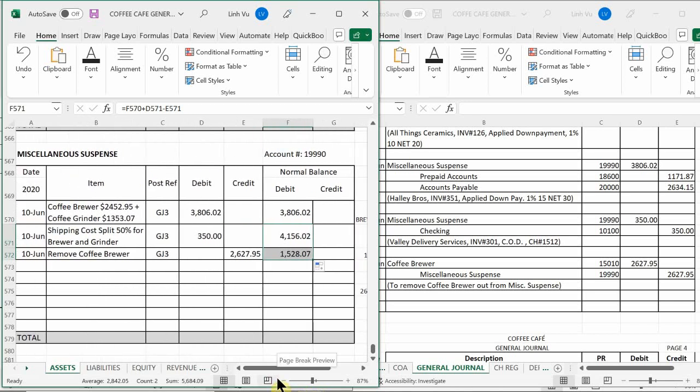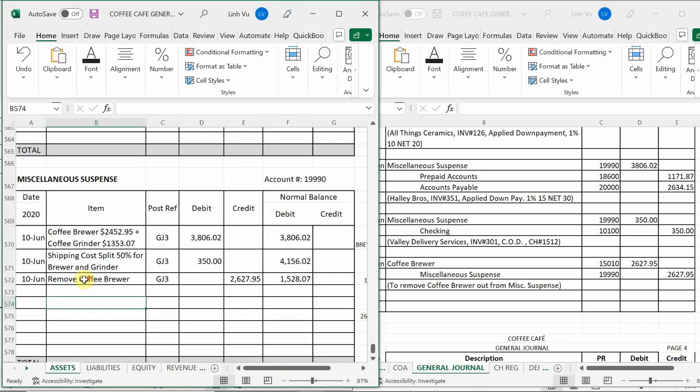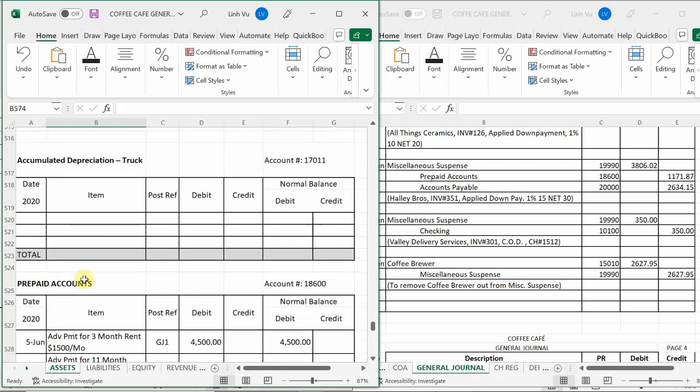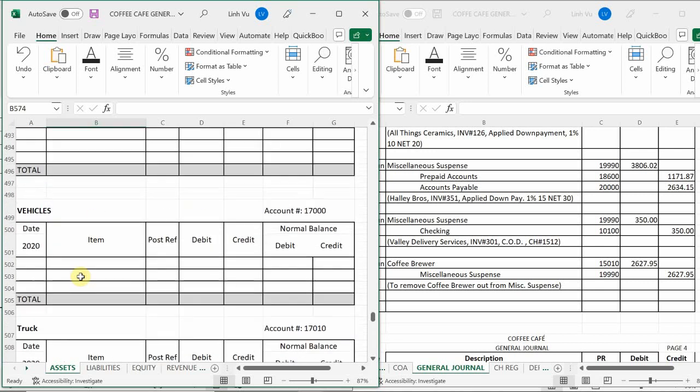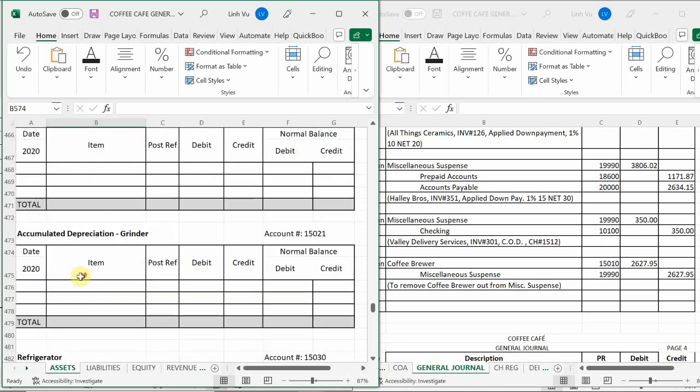Okay, so right here, this is us representing that we're going to take the coffee brewer out, leaving the remaining balance to be 1528.07, which is what the coffee grinder is currently at. And what we're going to do now is locate our coffee brewer account and insert that amount in there.